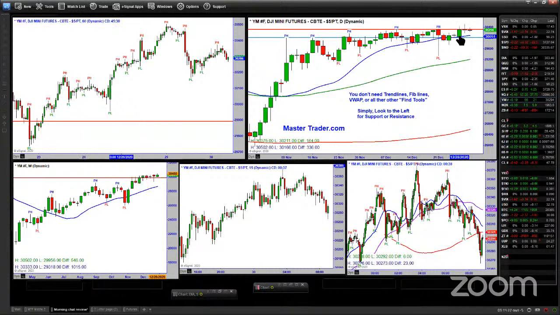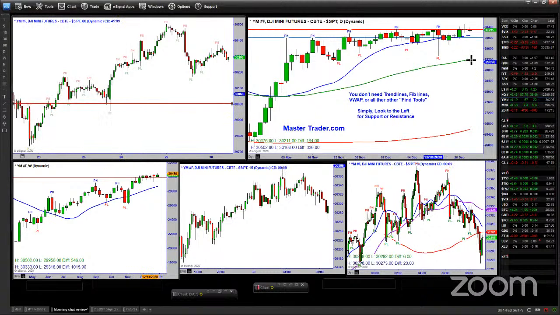It didn't go deeply into the green bar, and it's just going sideways here. It continues its sideways movement, still staying above 30,000. Whoever can hold this market up would love to see this thing close above 30,000 in 2020. We shall see. Got some room to fall down there.